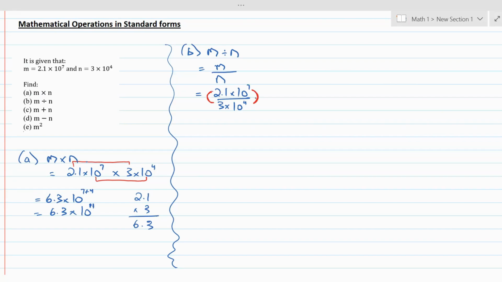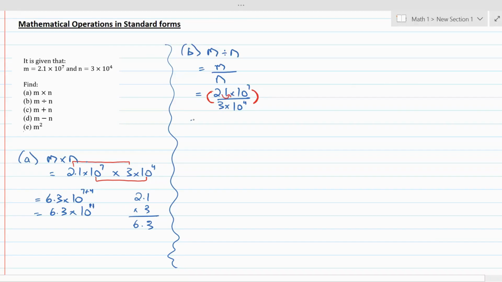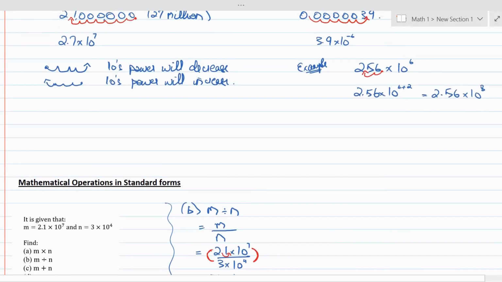What we'll do here is shift this decimal first. 2.1, shifting this decimal towards the right would make the number 21. So this becomes now 21 into. Now we have to think about the tens power. Since the decimal is moved towards the right, and we have already developed this concept that when the decimal is moved towards the right, tens power will decrease, and when the decimal moves towards the left, tens power will increase.